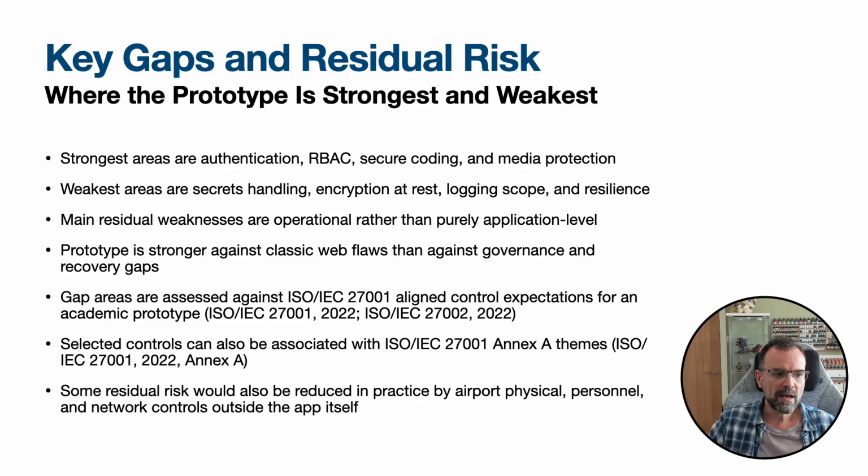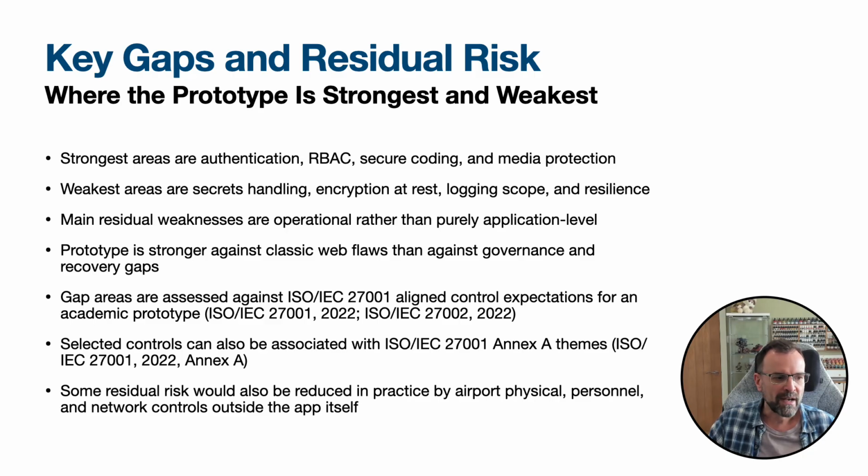I condensed the gap analysis that we can find in the appendix into our highest value areas. Strongest parts of the prototype are the application layer controls themselves, such as authentication, RBAC, secure coding principles, reducing the exposure of the database by being an internal-only service.